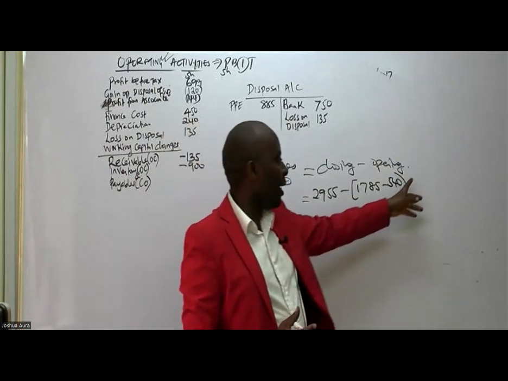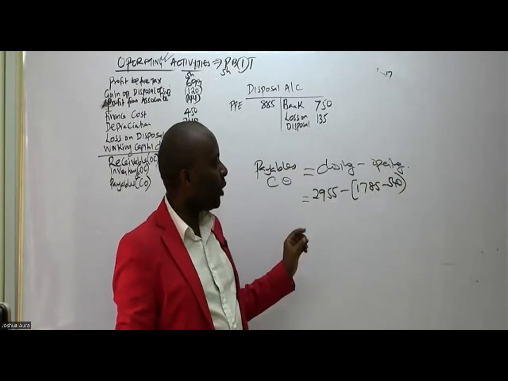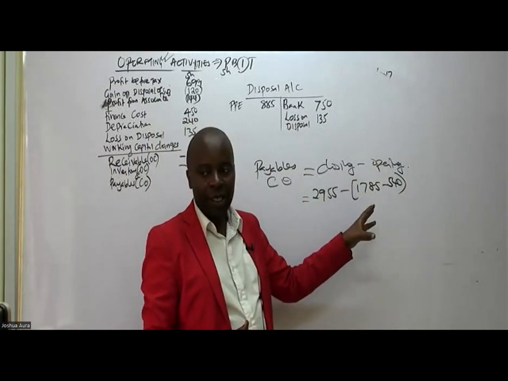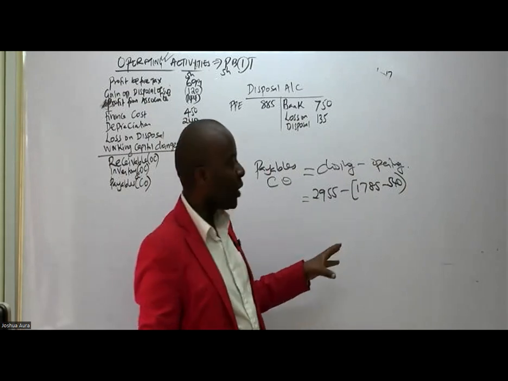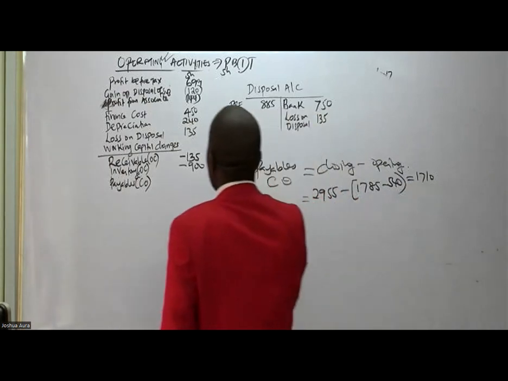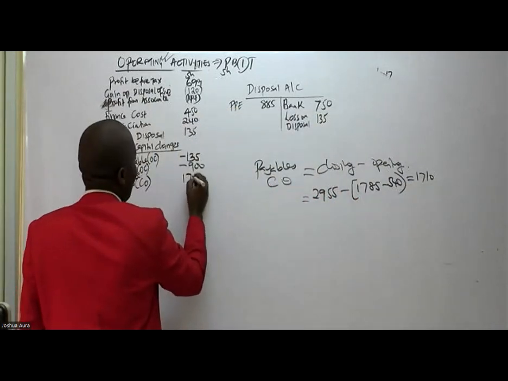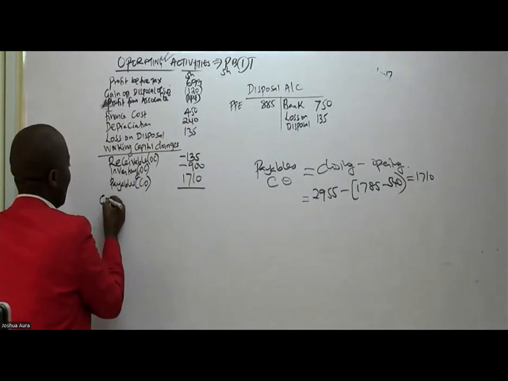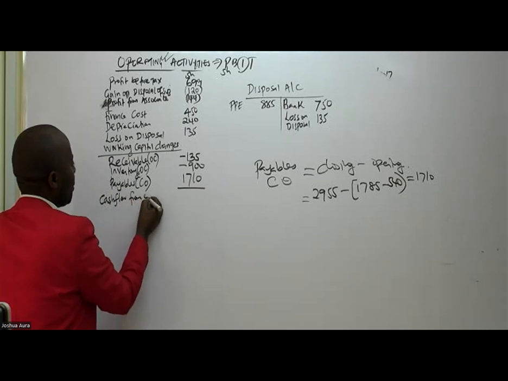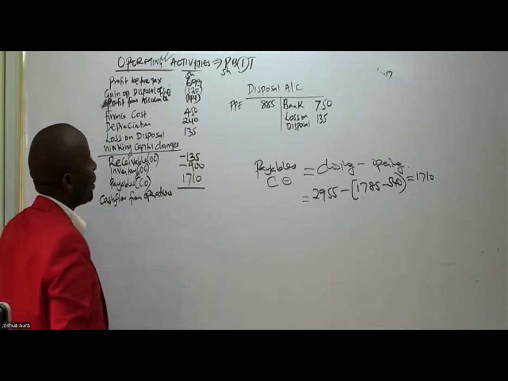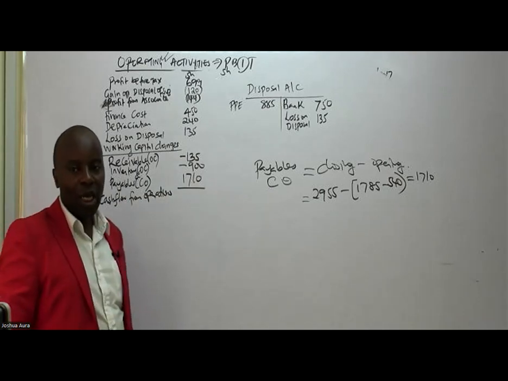So what figure do we have here, my friend? Remember in the calculator, you take 2955 minus open bracket, 1785 minus 540, close. They're telling me in this case, it is positive 1710. So could you kindly give me the cash flow from operations?